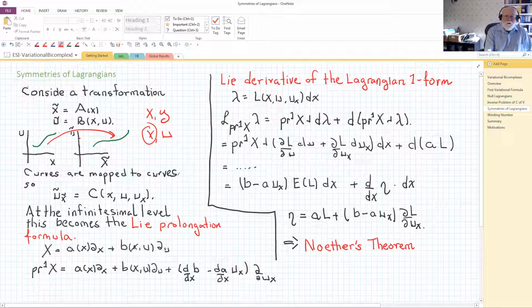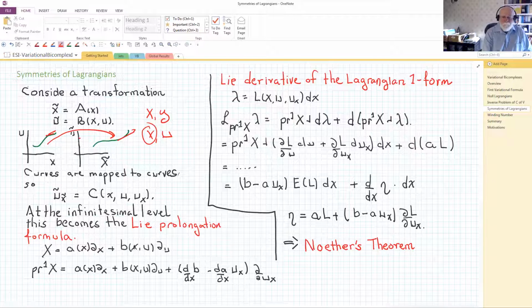Okay, so curves are mapped under a general transformation. Curves are mapped to curves, and if you're mapping curves to curves, then you get a mapping on their tangent vectors. And so we say that this transformation in the XU plane lifts or prolongs to a transformation involving first derivatives of the curves.